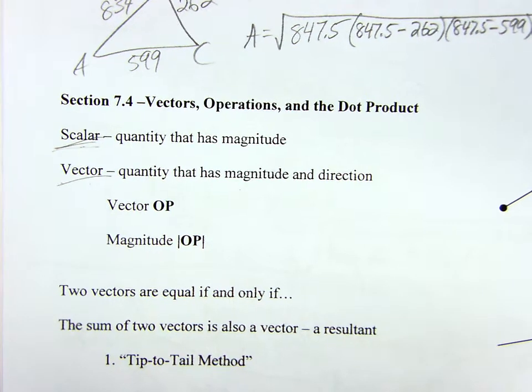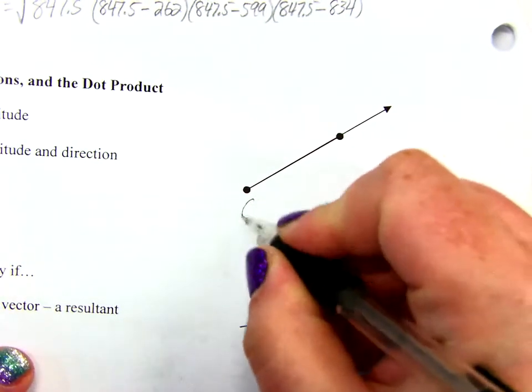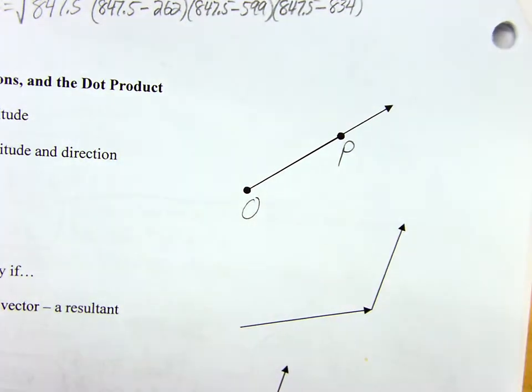So we draw vectors using arrows, okay? So vector OP, it's kind of just the same way that you would name a ray in geometry. So you start with the endpoint, and then you pick any other point along the ray. So this we could call vector OP.